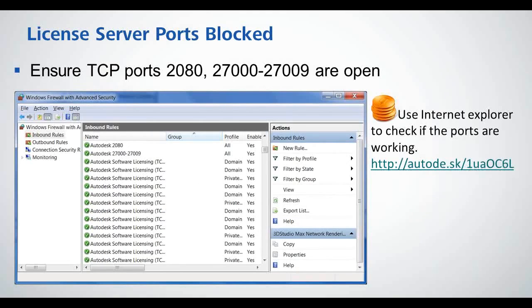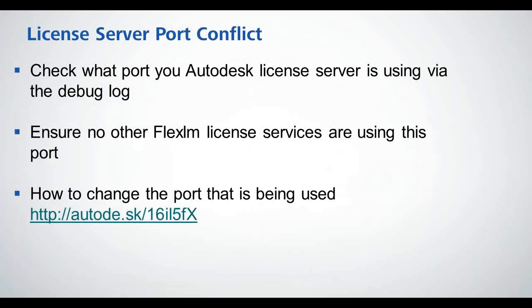So if port 27000 is being used already, you can just add a number at the end of your license file's first line, changing the port to 27001 or whatever an open port is.